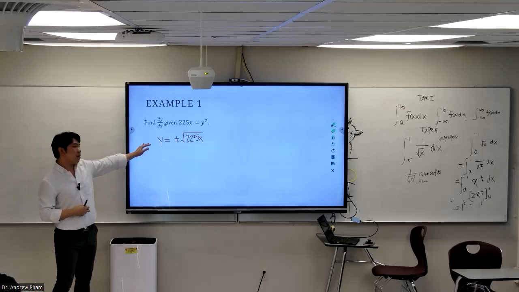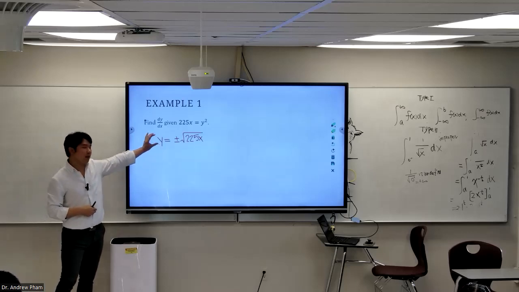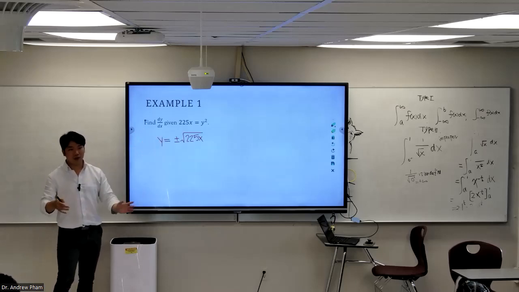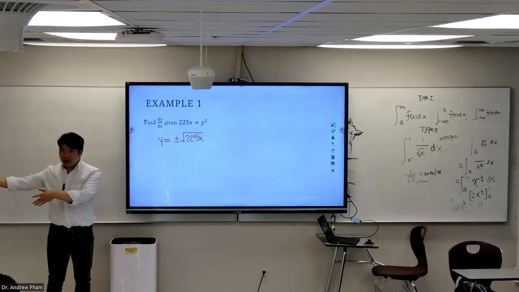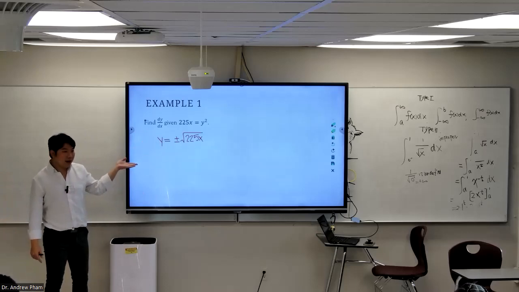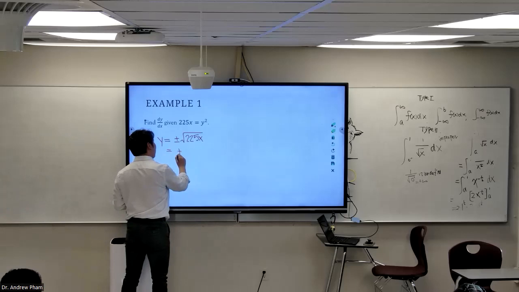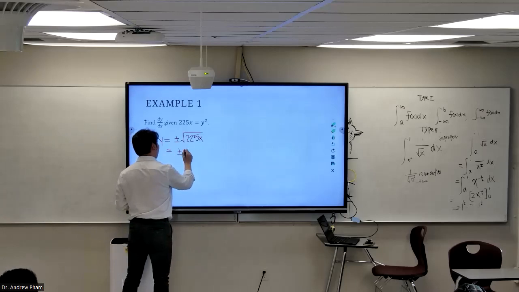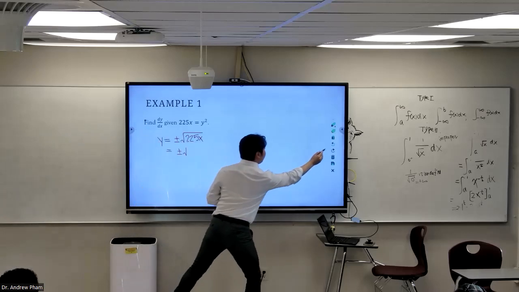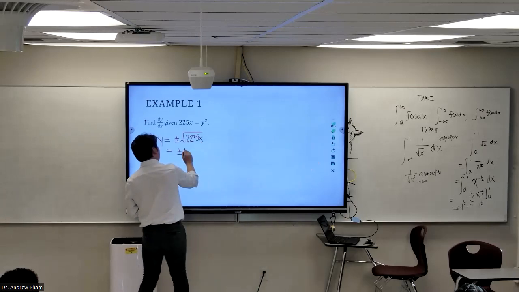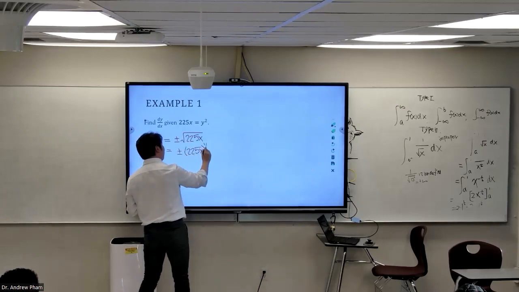So if I look at this, is this an explicit form or implicit form, what I've written here? Explicit, again, it's y is equal to whatever stuff with x's. And so we know how to get the derivative of this. Before I do that, I could also write this as plus or minus 225x to the 1/2 power.